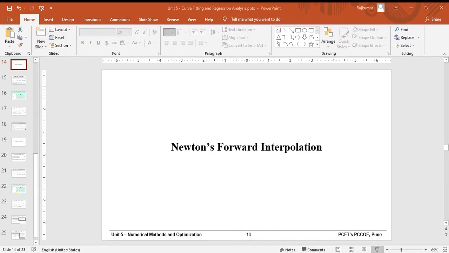In that equation, excluding the y naught and del terms, put all the values and prepare a simplified equation, and then each time put x equal to 110 to get the first solution. Put 160 to get the second solution, and put x equal to 220 to get the third solution. Every time you need not prepare the table again and again.